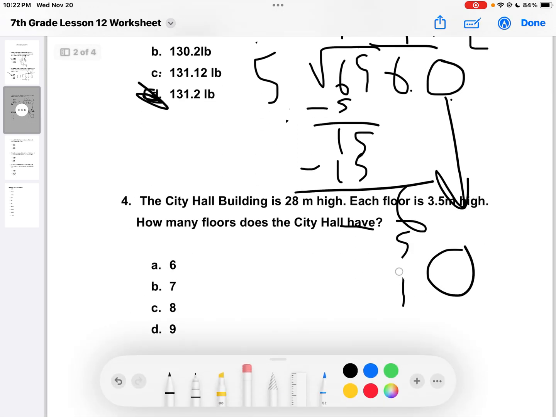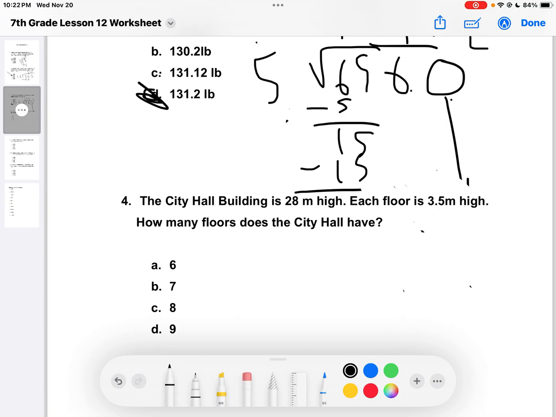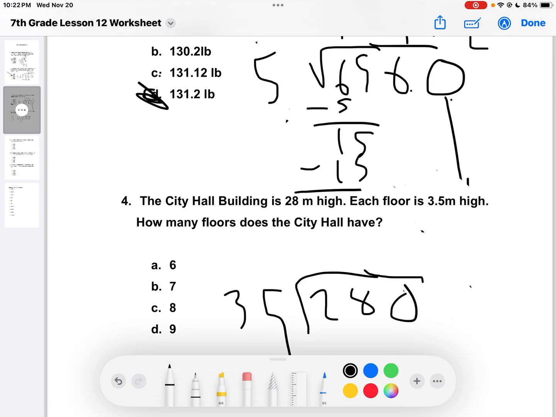Alright. Number 4. The City Hall building is 28 meters high. Each floor is 3.5 meters high. How many floors does City Hall have? So we have to divide 28 by 3.5. And 3.5 has one decimal, and in order to take that out, we move it one to the right, so it'll be 35. Same thing to 28, so it'll be 280.